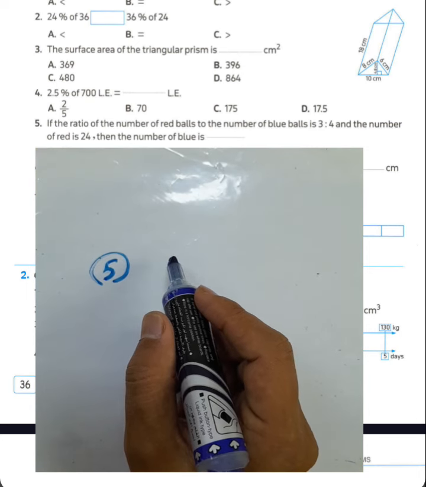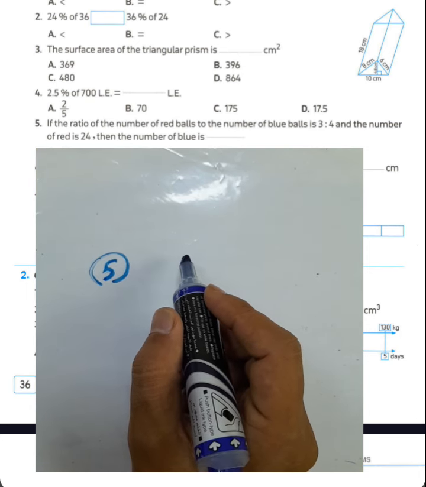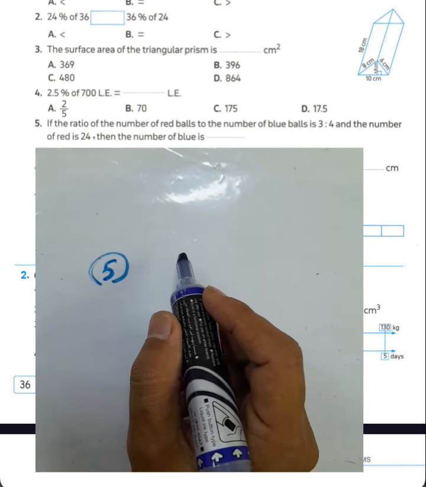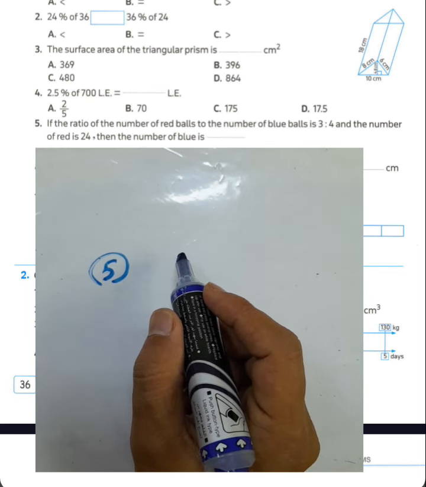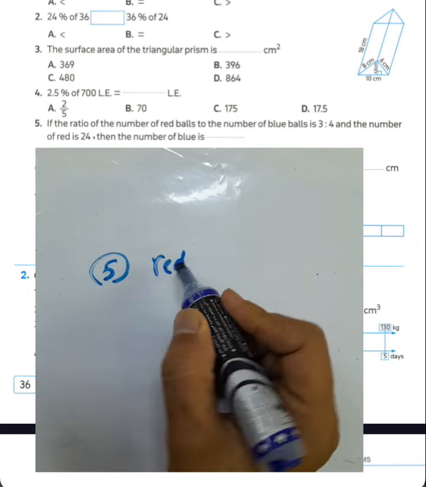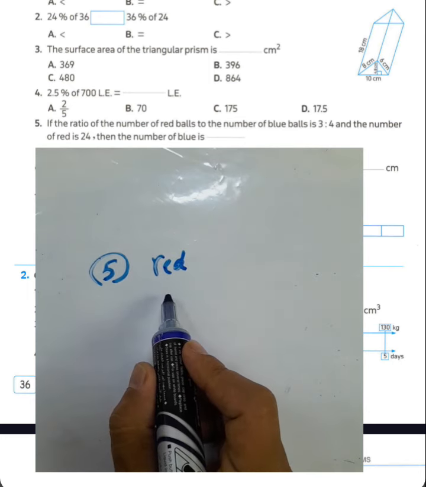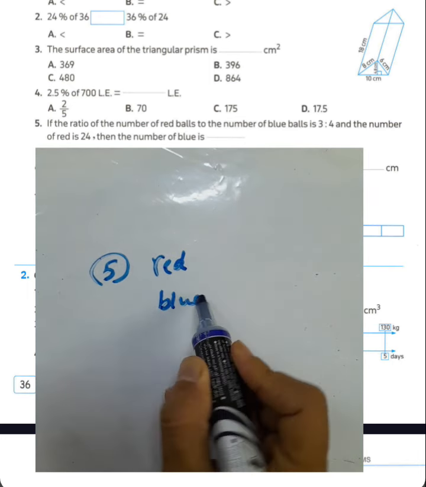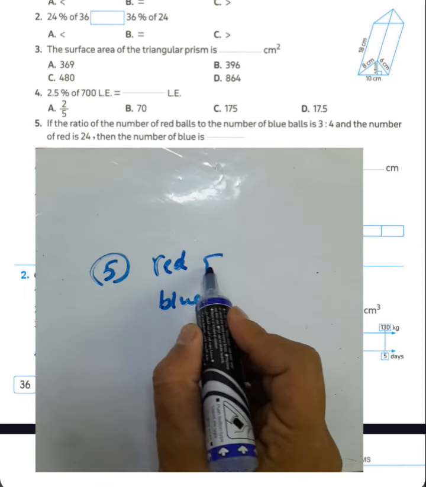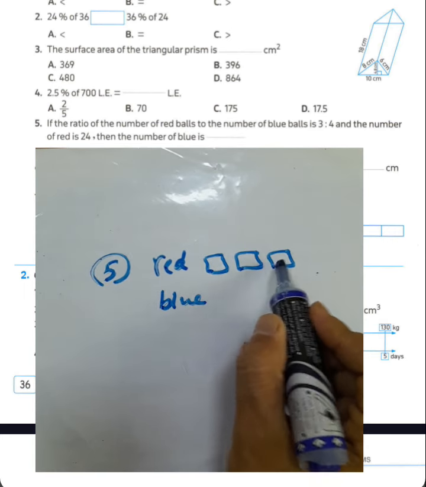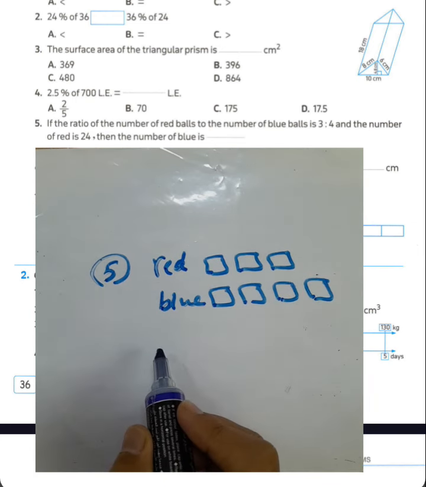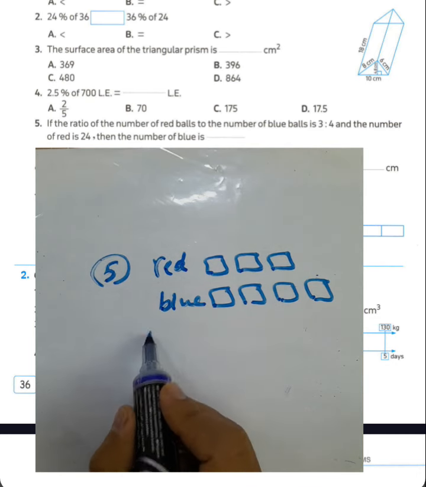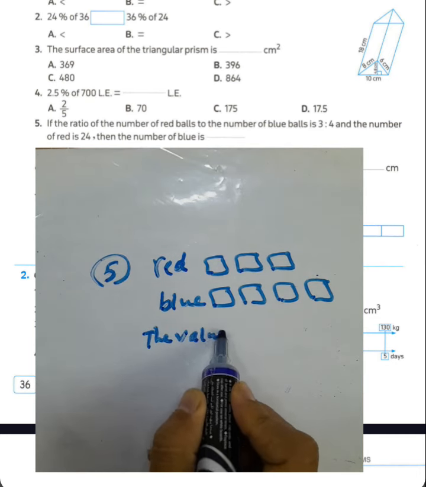We have the ratio between two numbers, the number of red balls to the number of blue. The ratio was 3 to 4. 1, 2, 3, and here 1, 2, 3, and 4. And they give us the number of red was 24.